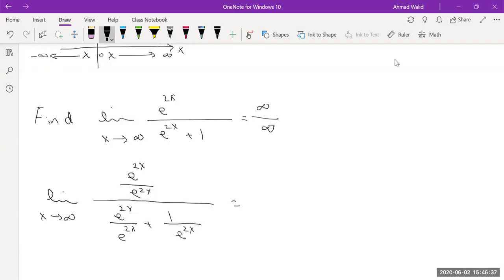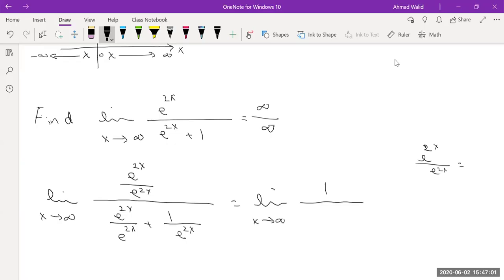Let's simplify. Limit as x approaching infinity, e to the power of 2x divided by e to the power of 2x gives you 1. Correct? Some students, I remember in many classes, e to the power of 2x over e to the power of 2x. What is the answer?